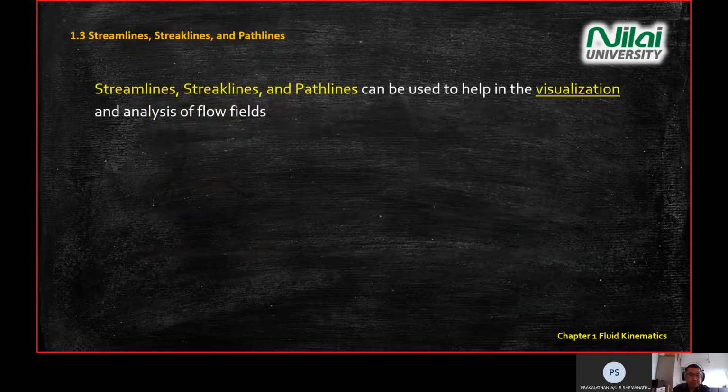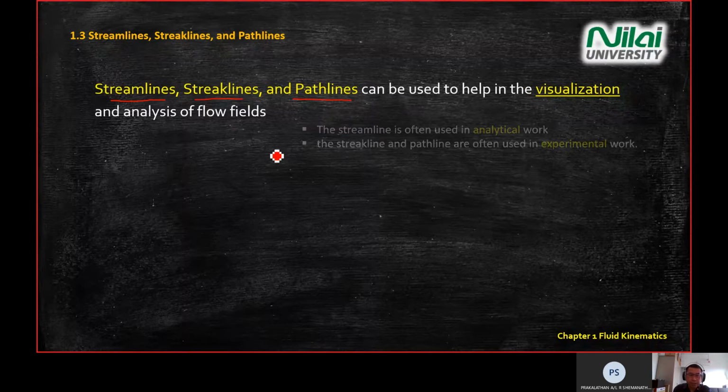All right. Now the next one, we're going to look at visualization tools. With these three, we have streamline, streakline, and pathline. These three, the lines that I showed you in the first slide just now, in the software simulation or the ball's shape, are all visualization tools for flow fields.